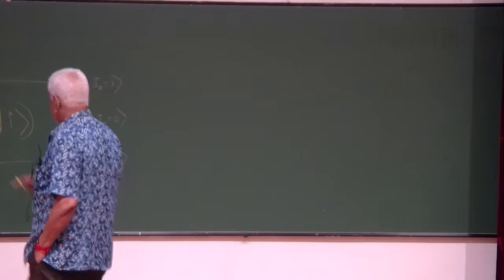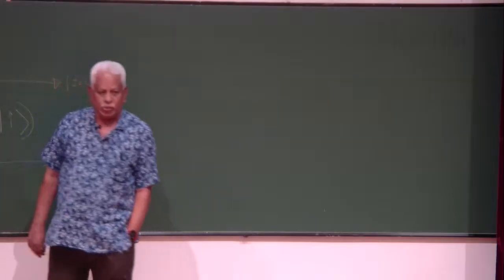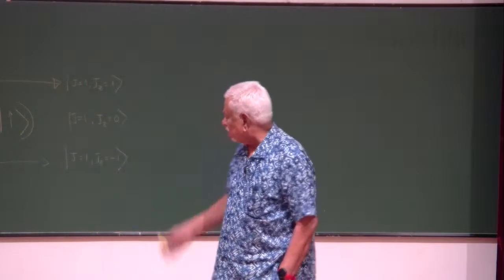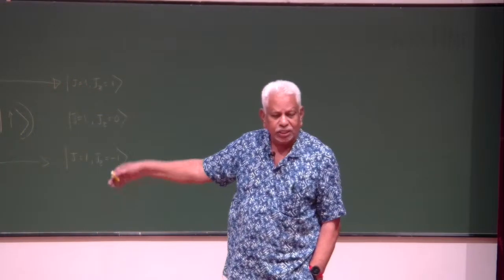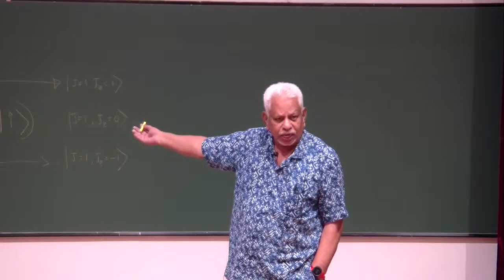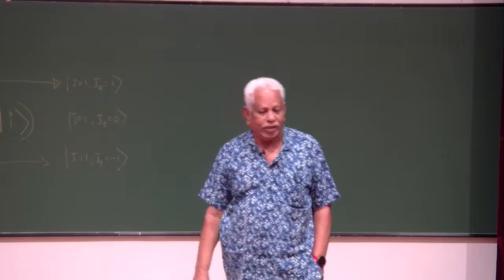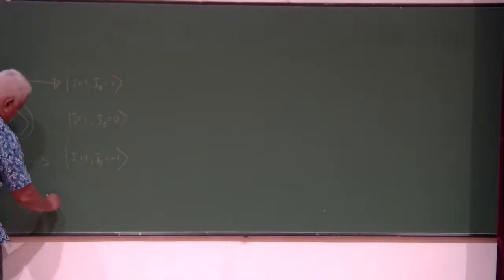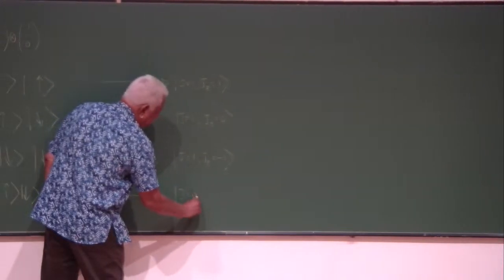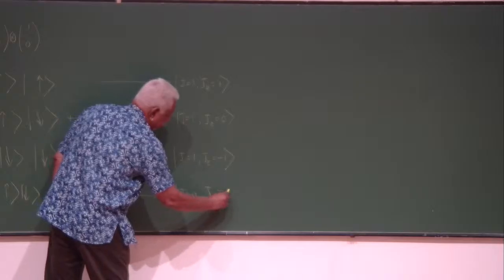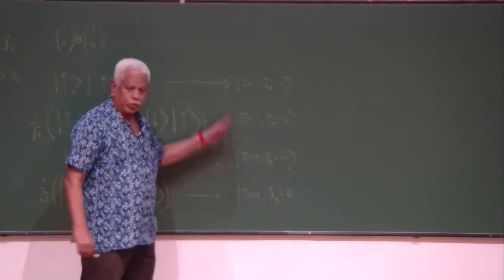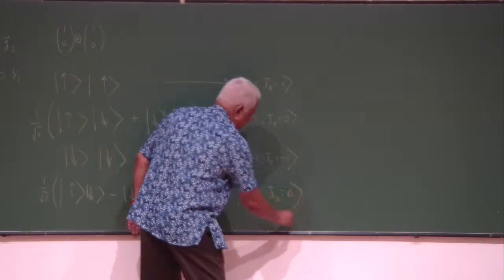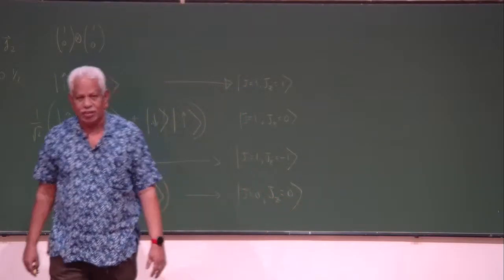That is, you take the dot product of this and this, you will find it to be 0. Okay, as a vector. For example, you put the ket of this thing and the dual vector on that side, you will find it to be 0. It's not very difficult to see. So this corresponds to J is equal to 0, Jz is equal to 0. That's the difference between these two.